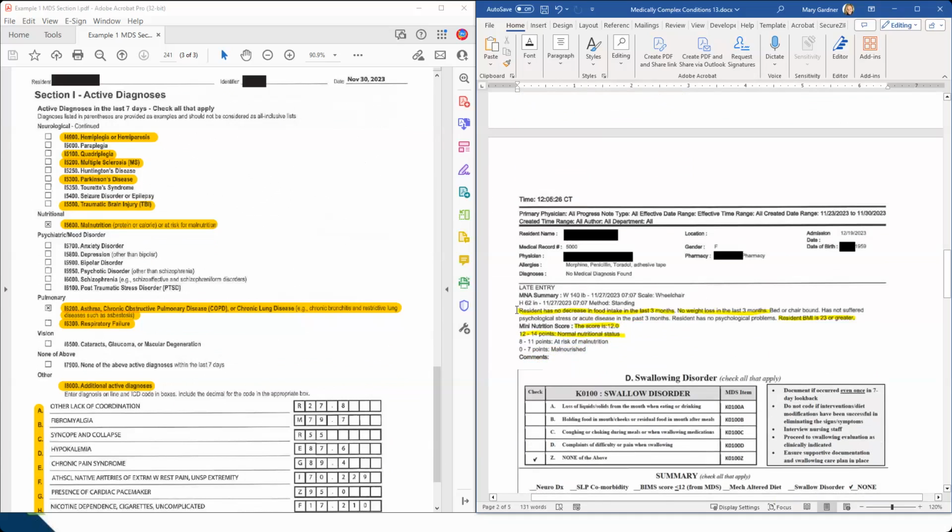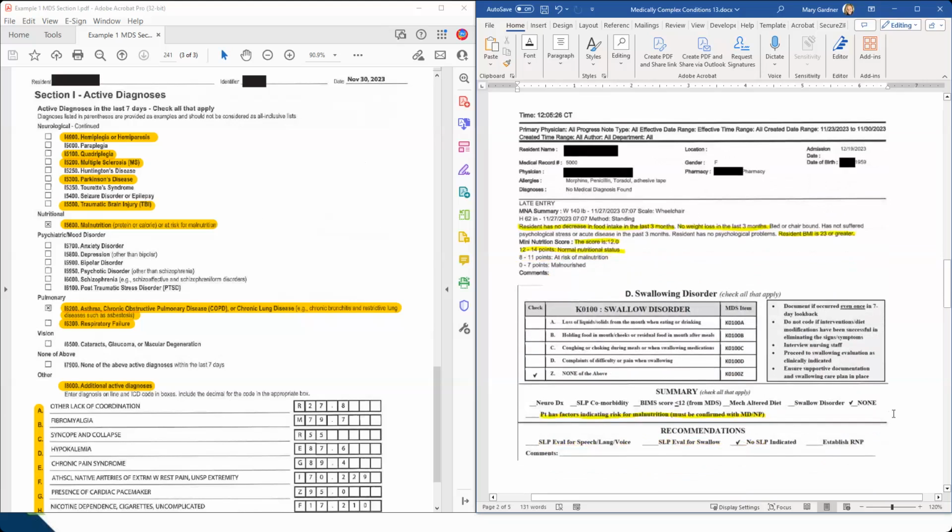Here is indication that the resident has no decrease in food intake in the last 3 months, no weight loss in the last 3 months. The resident has a BMI of 23 or greater. Their mini nutrition score is actually a 12, and a 12 to 14 is normal nutritional status.